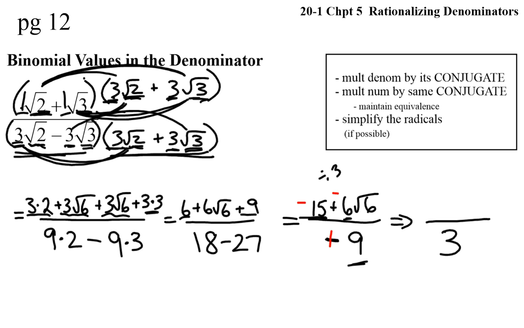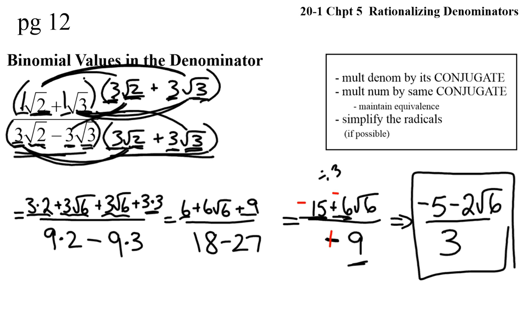My 15 becomes a negative 5 because I'm reducing by 3. My 6 root 6 becomes a negative 2 root 6. And there's the new radical expression without anything in the denominator in terms of a radical. Negative 2 root 6 minus 5 over 3.